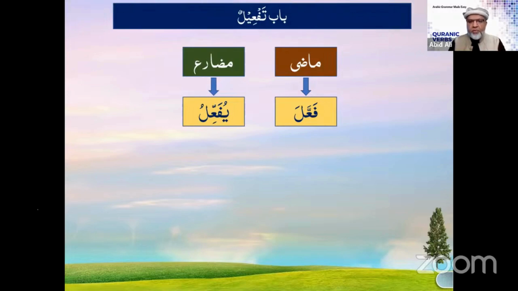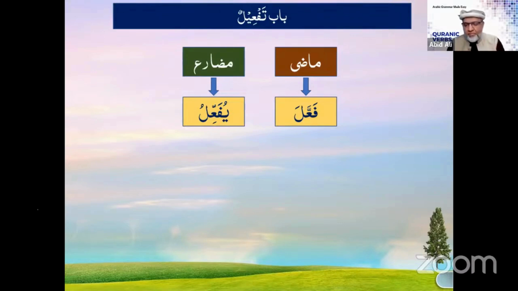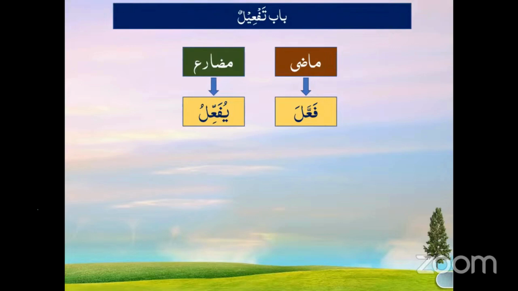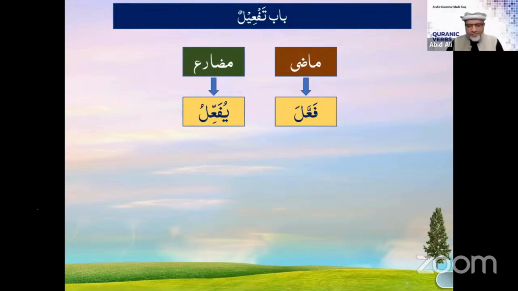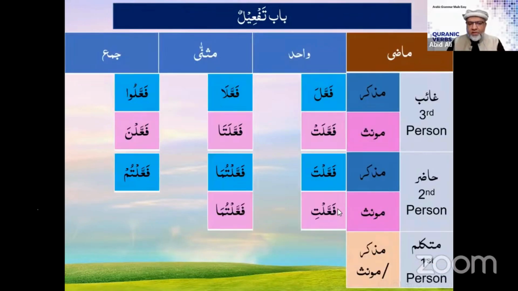If you have time today, we'll go back. But if you trust me and understand that these patterns come from the people of grammar, they said for Bab Taf'eel, the Madi pattern is fa'ala and the Muḍāri pattern is yufa'ilu. Yes, yufa'ilu.